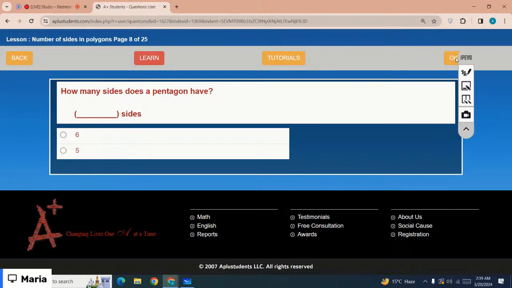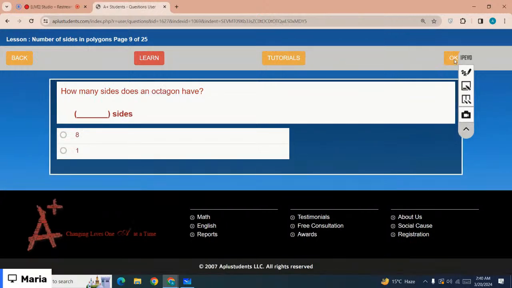How many sides does a pentagon have? Which is the correct option? The correct option is pentagon has 5. Penta means 5. 5 sides.